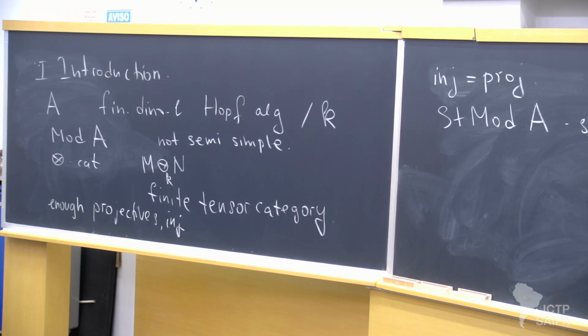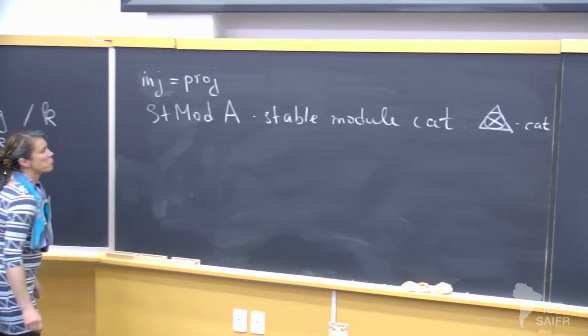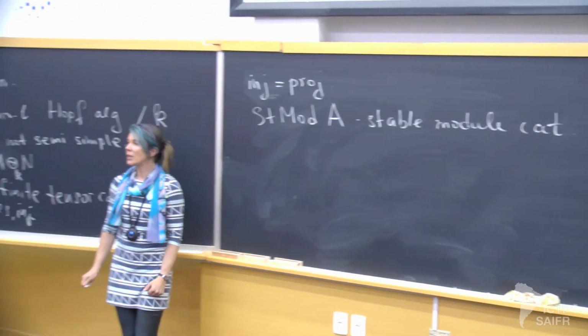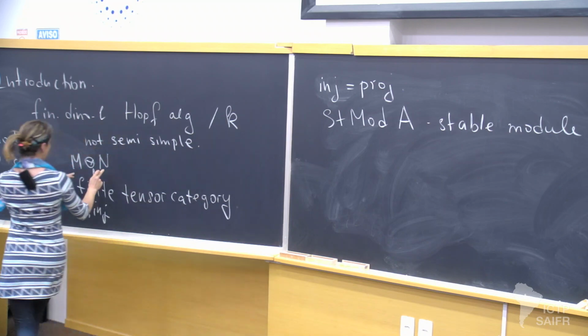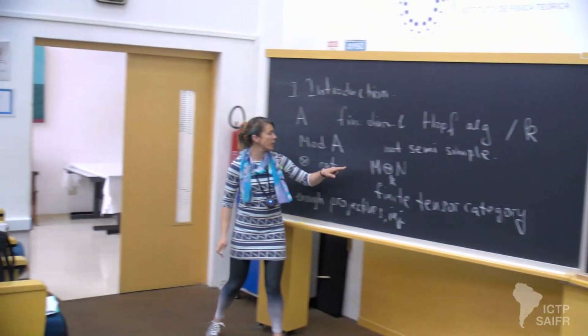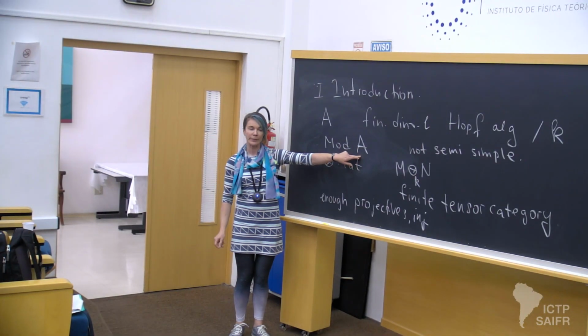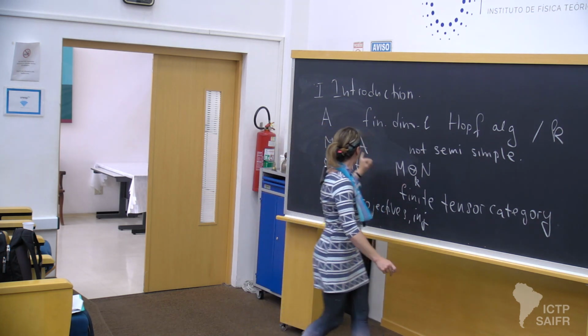And we'll do it in the following way. So this is a tensor triangulated category, meaning it has a triangular structure and a tensor structure, and these two structures are compatible. The action on the tensor product comes from the coproduct on A. So I'm using that it's a Hopf algebra.